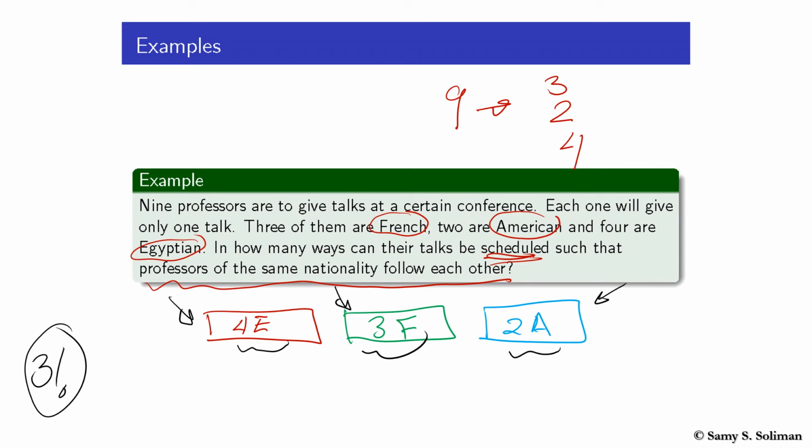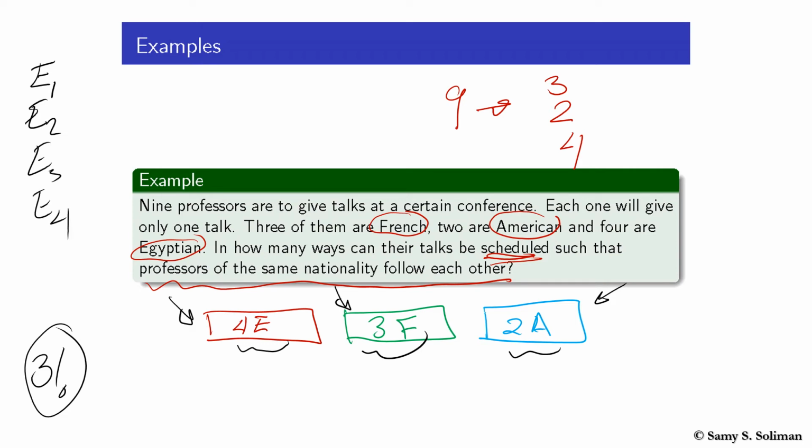Again, we want to count these ways because they make a difference. We have 4 different Egyptian professors, so arranging them in one way counts as different compared to arranging them in a different way. So let's assume we have Professors E1, E2, E3, and E4.